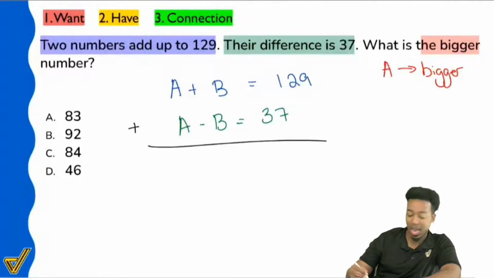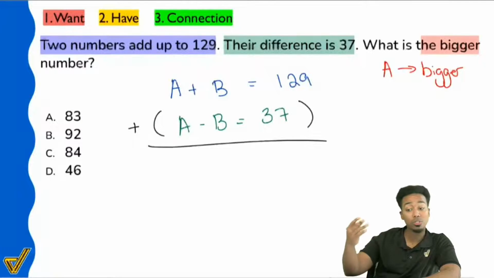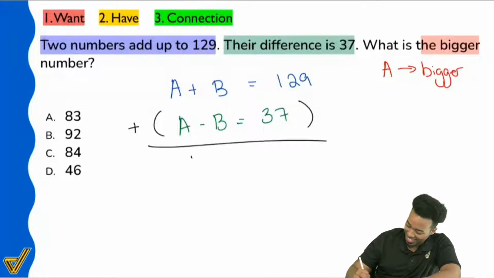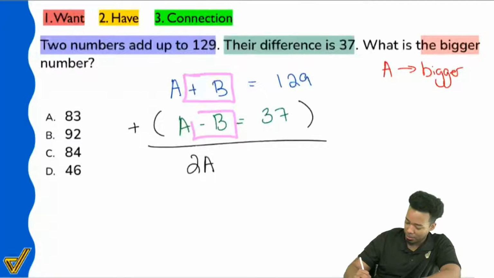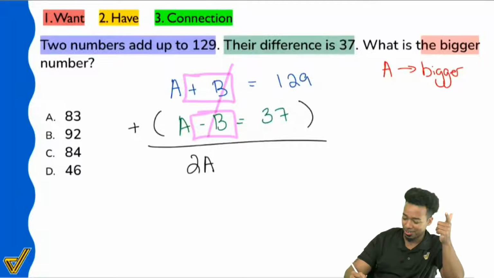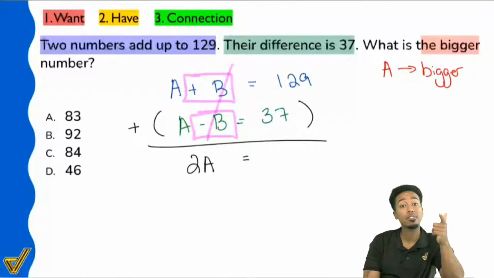And we see that we have A plus A, which is 2A. And then what happens when we do positive B plus a negative B? They cancel out.